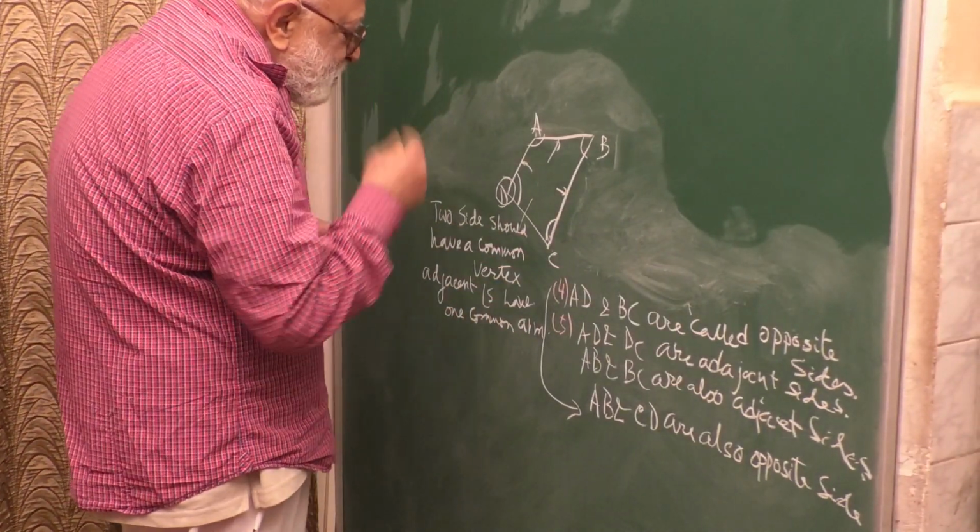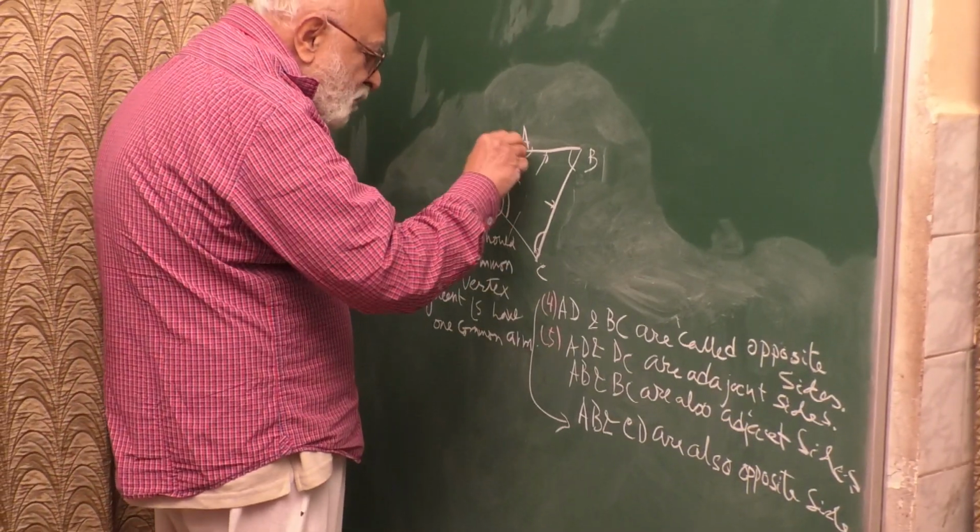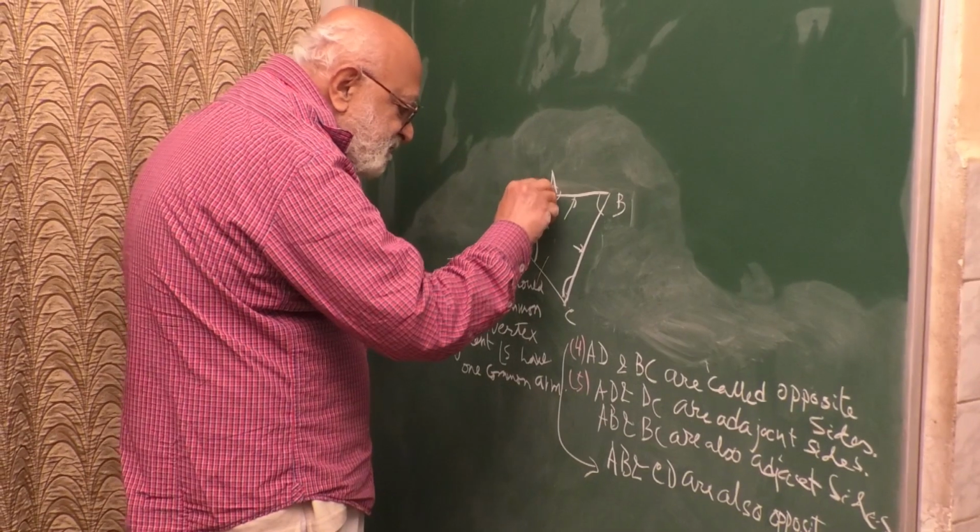Now let us do a little bit of operation. Let us join opposite vertices.